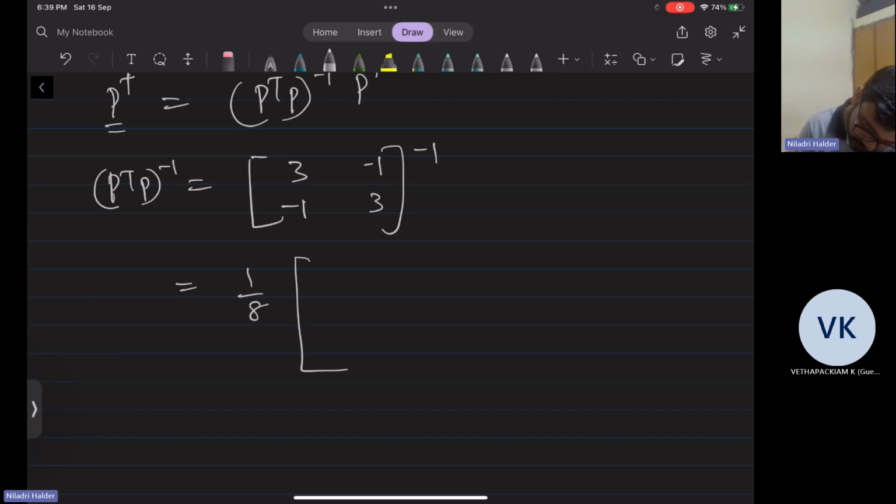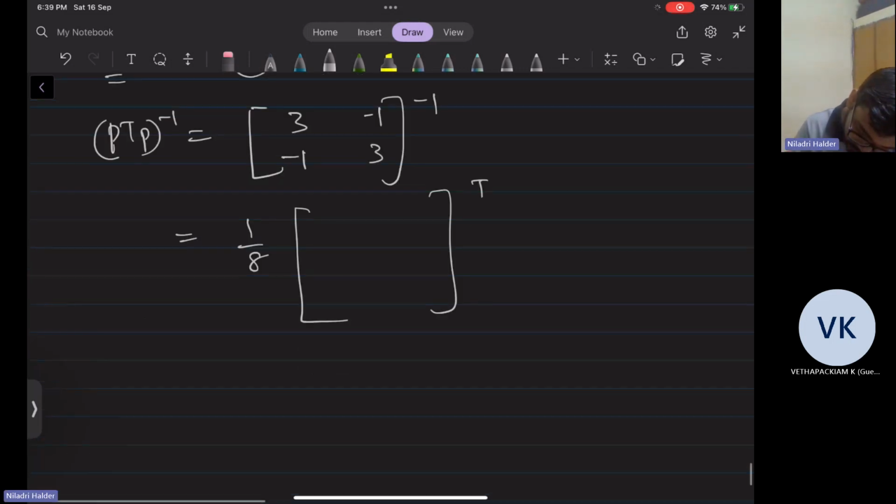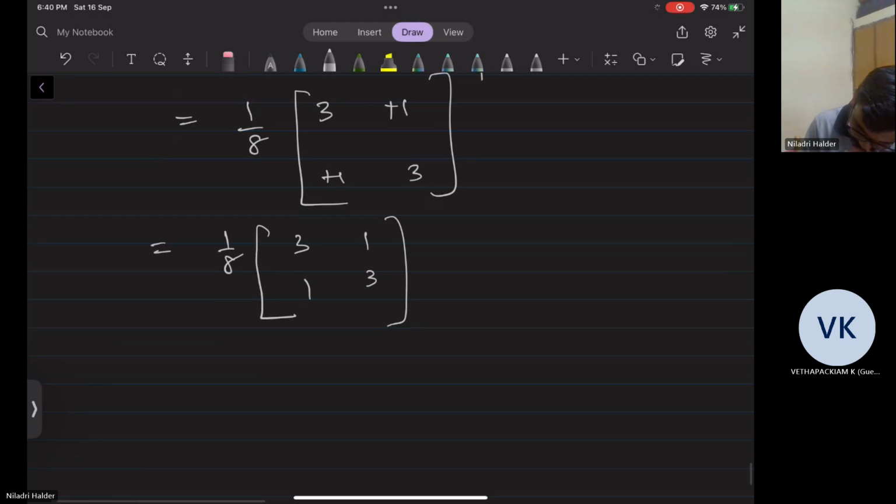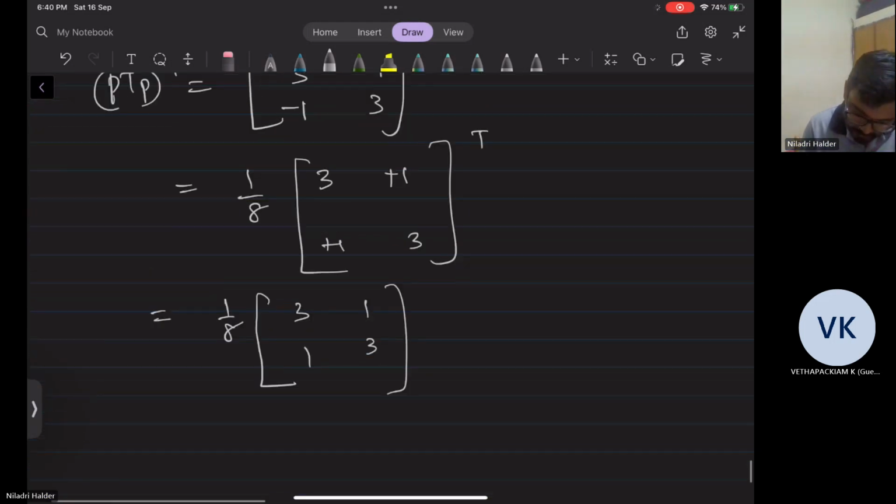So 1 by 8, times the transpose of the cofactors, that means 1 by 8 times 3 1, 1 3.